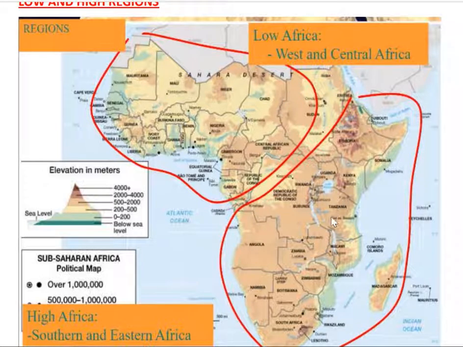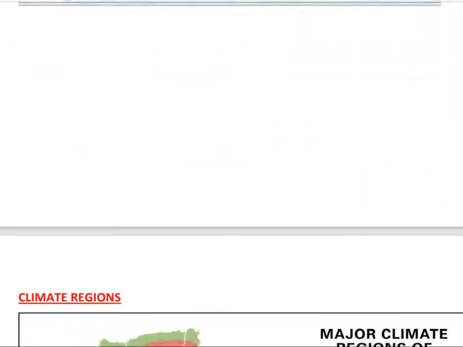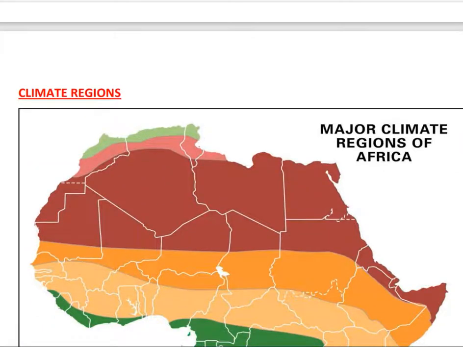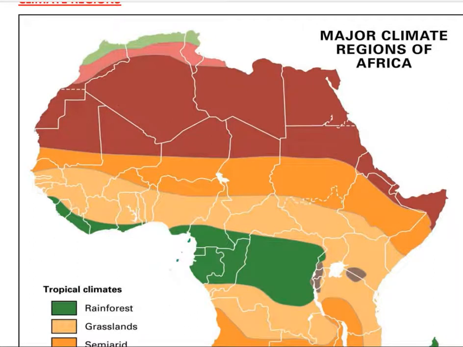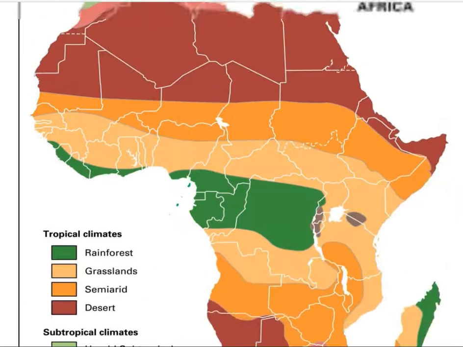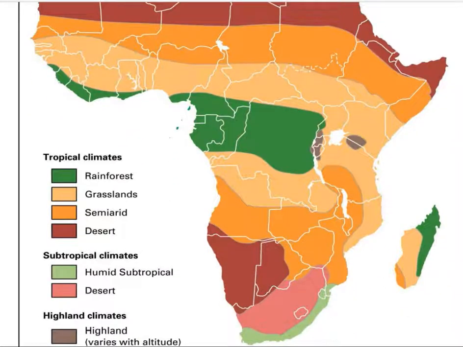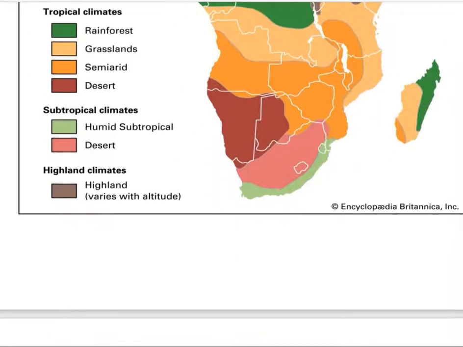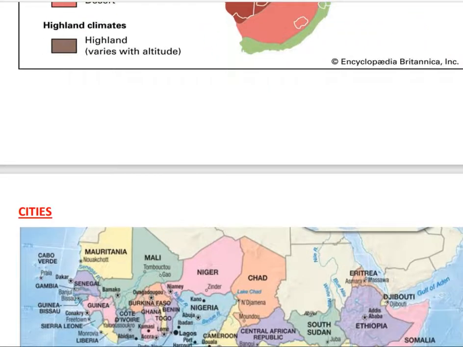High Africa, which is southern and eastern, is right here. Then climate regions, in case there are questions of climate, broken down into rainforests, grasslands, semi-arid, desert, etc. I don't know how much of this will be on the test, but it's there for your reference.